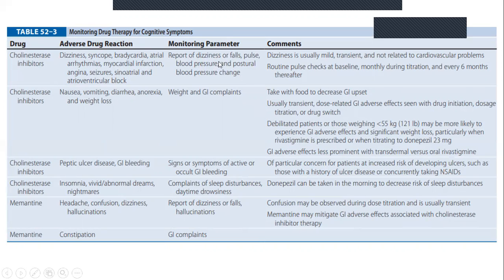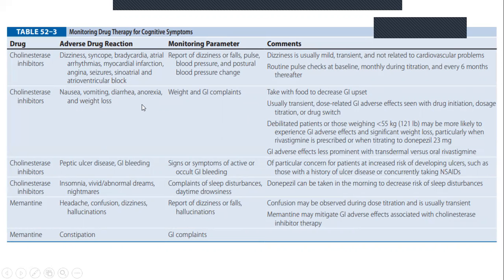All these things we have to monitor while we are keeping the patient on cholinesterase inhibitors. Dizziness is usually mild, transient, and not related to cardiovascular problems. Routine pulse checks should be done at baseline, monthly during titration, and every 6 months thereafter. So every month we have to check all these parameters, and after that every 6 months.